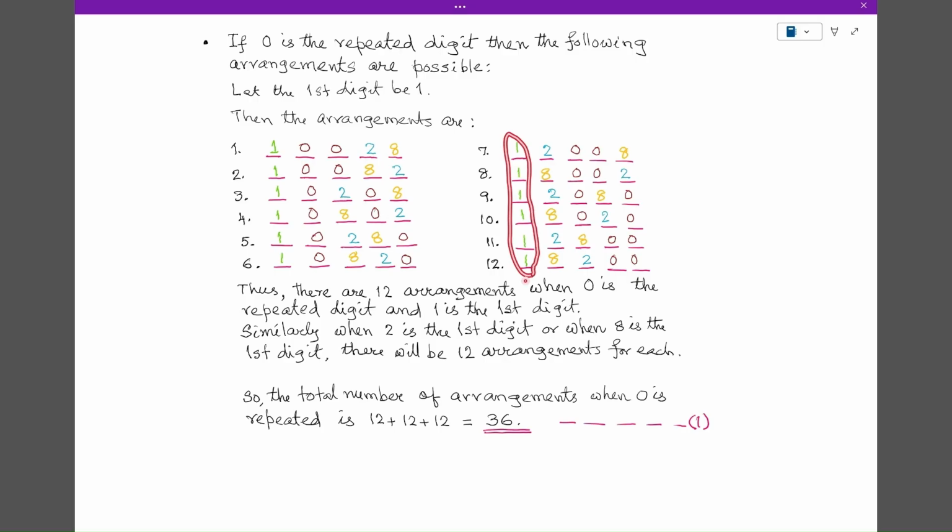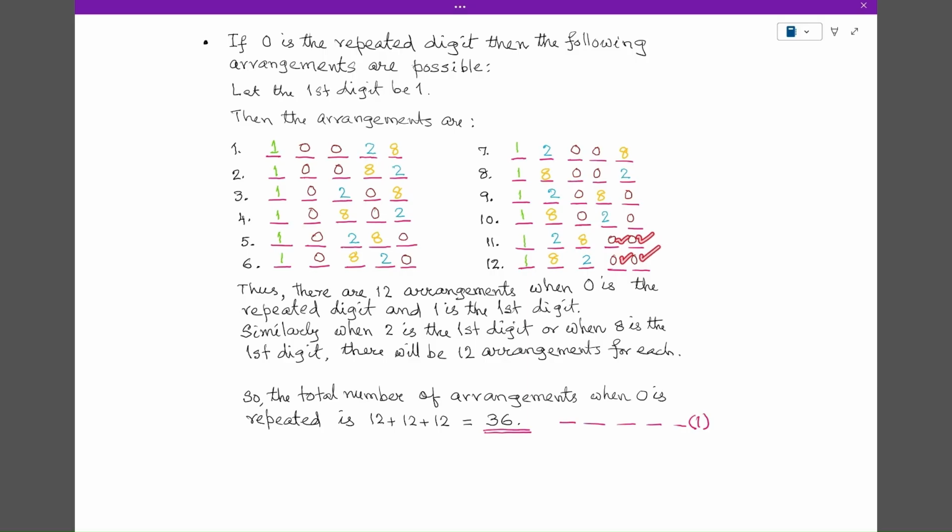and in each of these 0 is repeating twice. I am marking the positions where 0 is repeating, so you can check it yourself that in this category 0 is repeating twice and the first digit is 1.